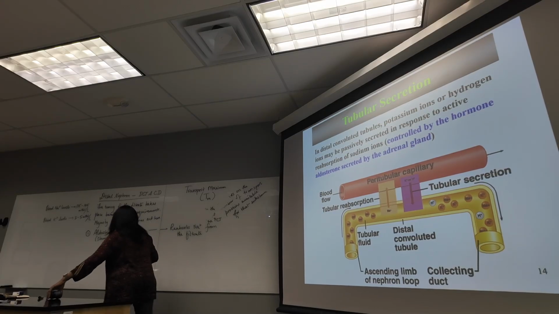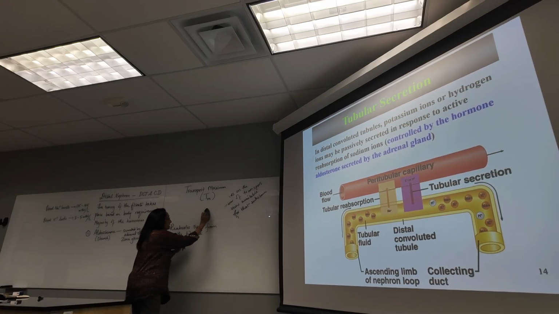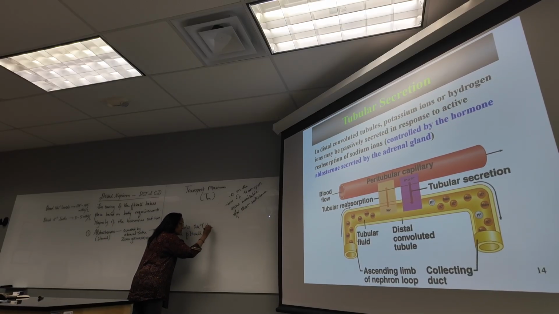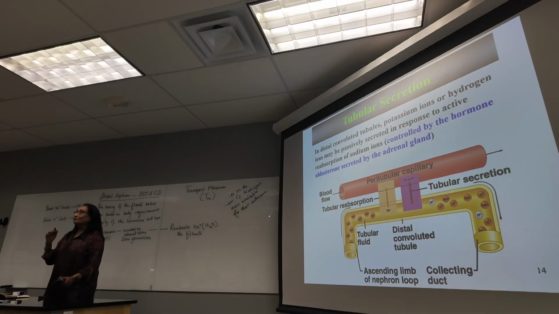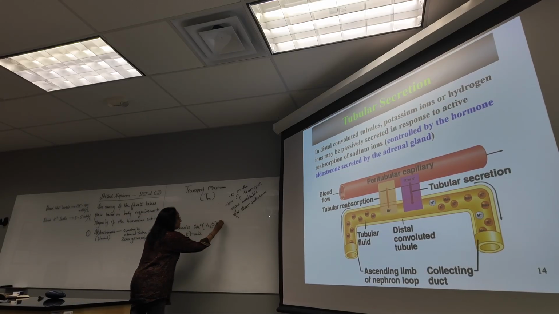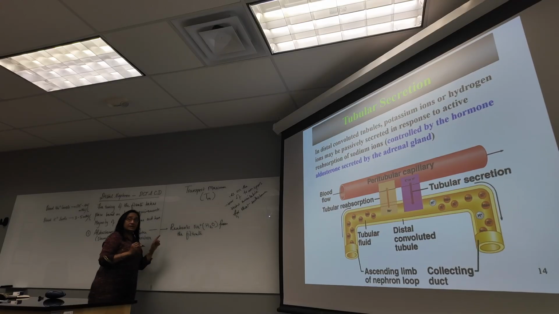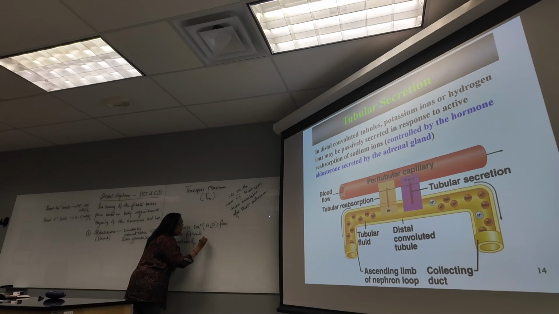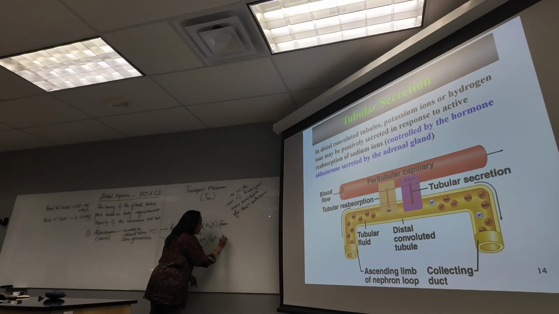When we write the action of aldosterone, this is how we write: reabsorb sodium, and then within parentheses we write water. That means water follows, from the filtrate. And the second effect is it causes secretion of potassium or hydrogen ions, acid, from the blood into the filtrate.